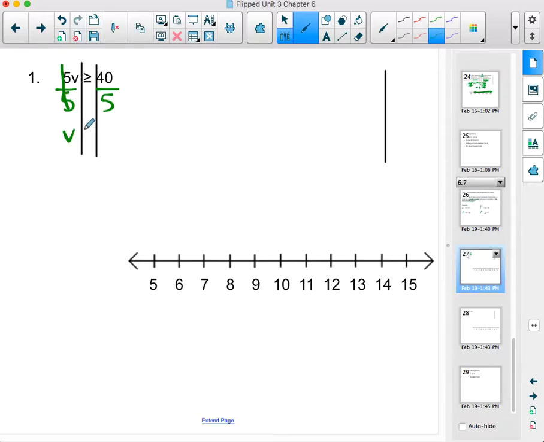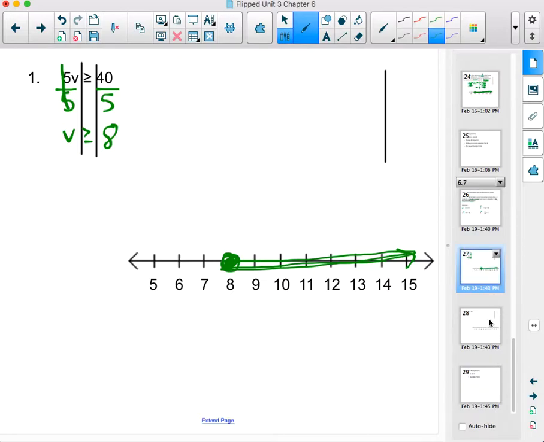That's what we want, all isolated on the left-hand side. Bring down your greater than or equal to sign, and then 40 divided by 5 is 8. So we did not have to do any flipping because we divided by a positive. When we graph this, we're going to put a closed circle over the 8, and we're going to shade to the right.